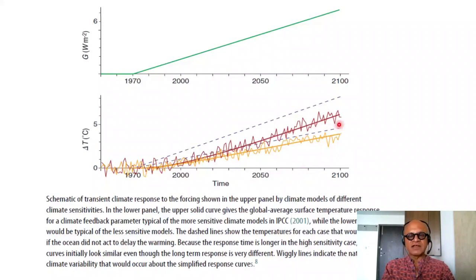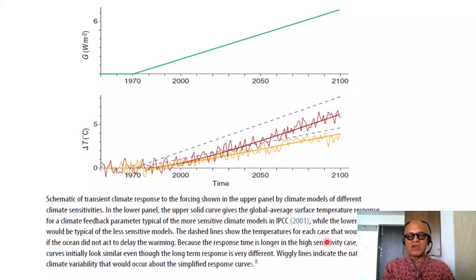So you can think of that as a range of climate sensitivities in the models. The dashed line shows the temperature for each case that would occur if the ocean did not act to delay the warming. So if the ocean wasn't dragging it down, this one would be here and this one would be here. So that's the range with no ocean delay.